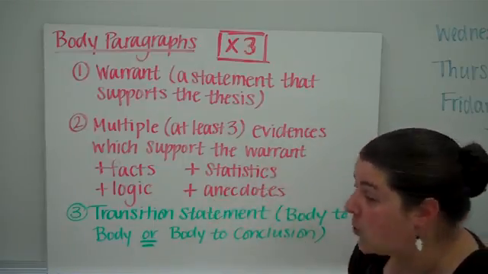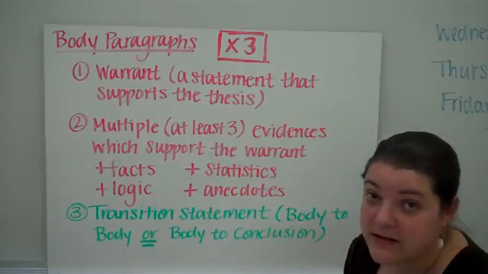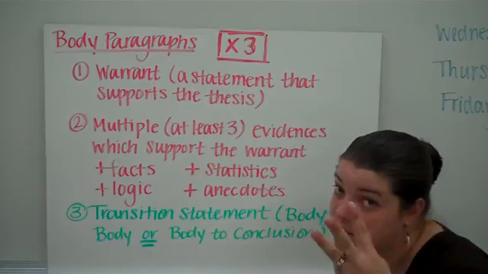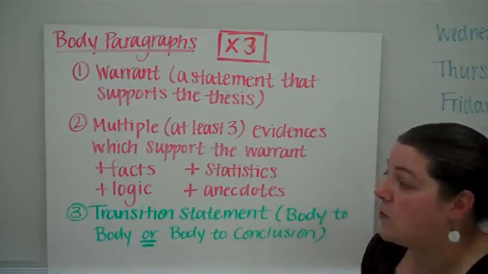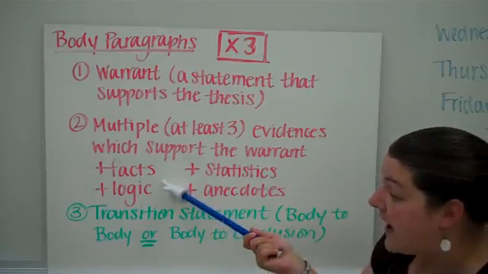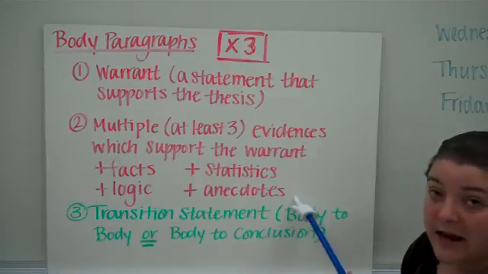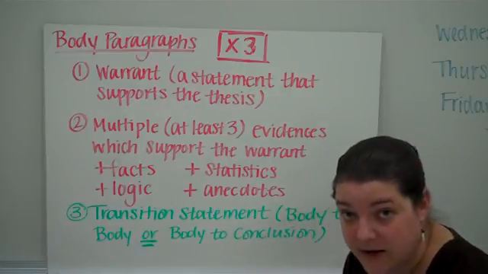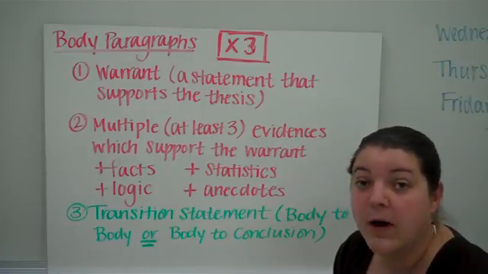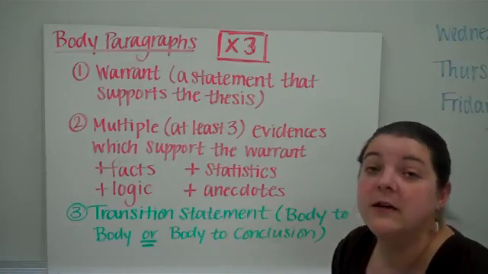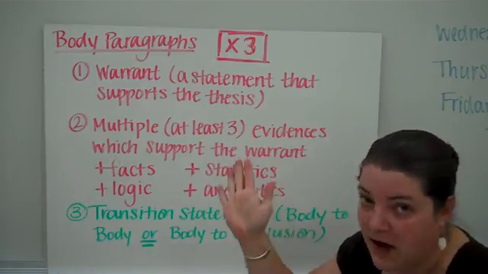So, it'll contain your warrant, and then it's going to have multiple evidences. When I say multiple, I mean at least 3, okay, evidences which support your warrant. These could be things like facts, logic, statistics, and anecdotes. Now, you should know anecdotes because that was a vocabulary word quite a while ago. But you should know anecdotes mean stories that prove a point, okay? And they're short, they are not big.